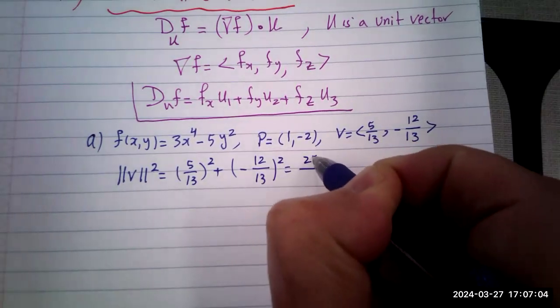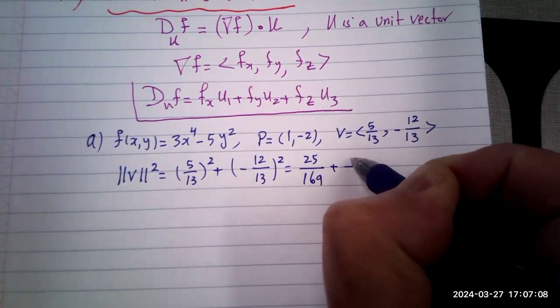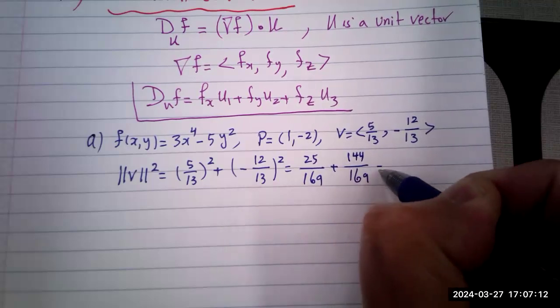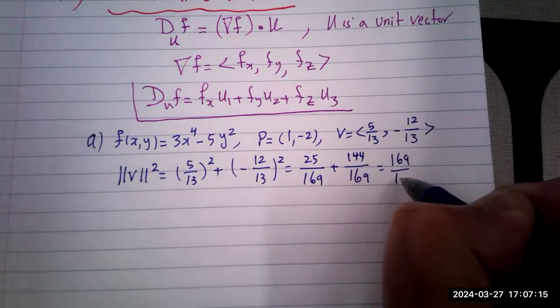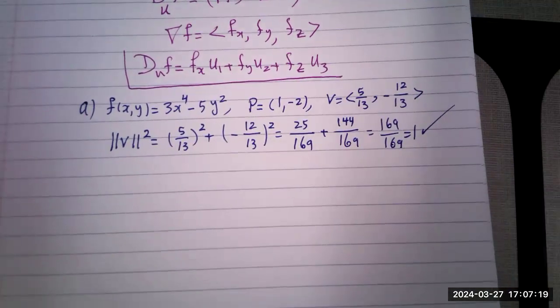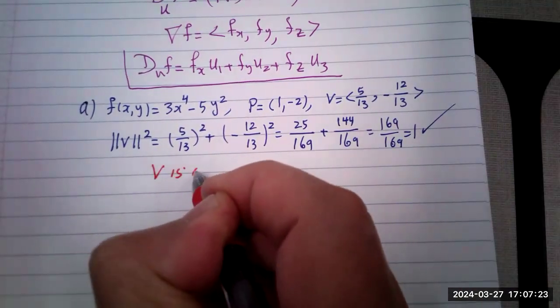So 5 squared is 25 over 169, plus 144 over 169. It's going to be 169 over 169, which is 1. That's fine. So v is a unit vector.